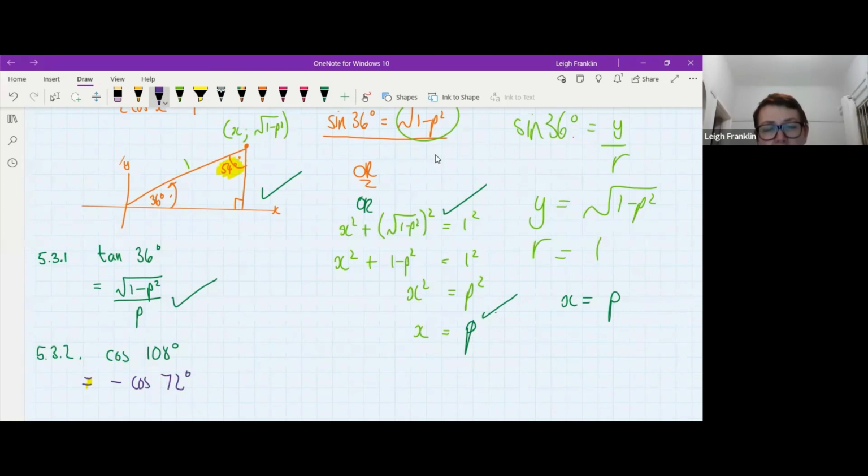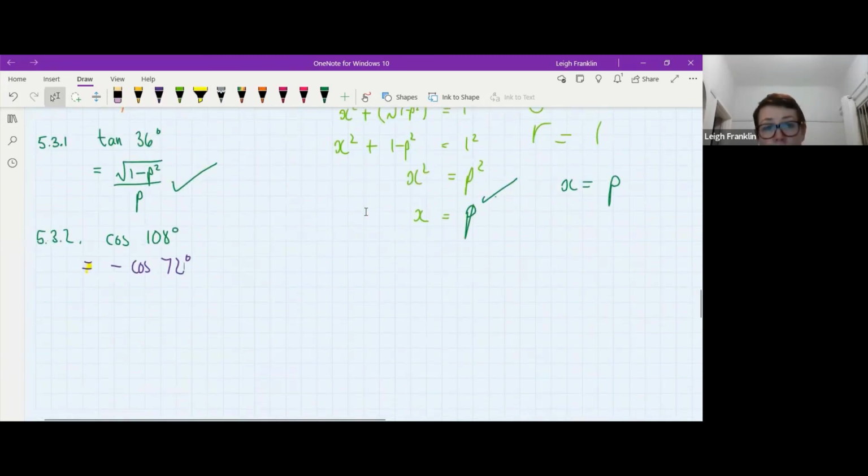Does that make sense to everybody? So 180 minus 72 would reduce to negative cos 72. Everybody happy with that? And of course, 72 is double 36. So we could write this as negative cos 2 times 36. Everybody happy with that?